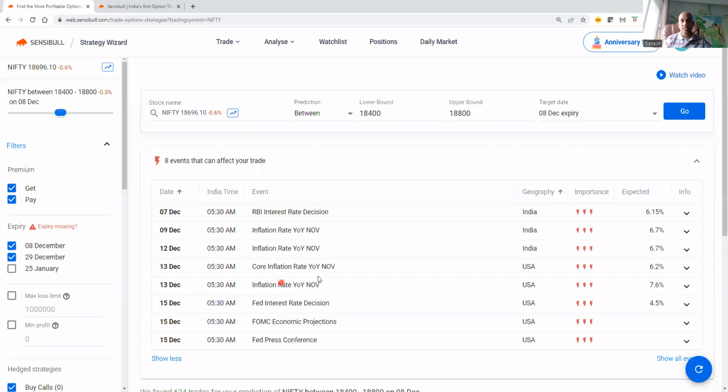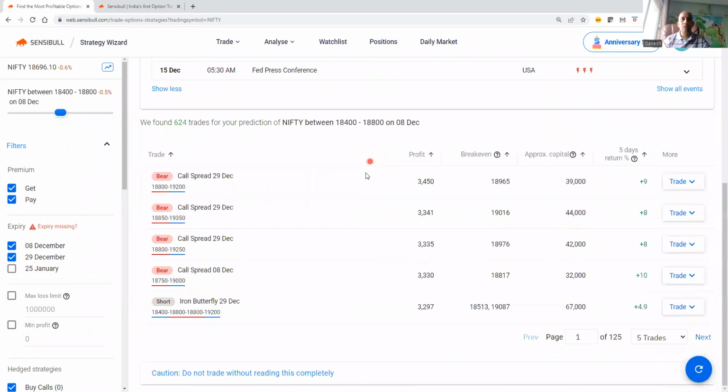So we'll watch these events, and based on that we can predict, and based on the prediction, see what strategies are available.